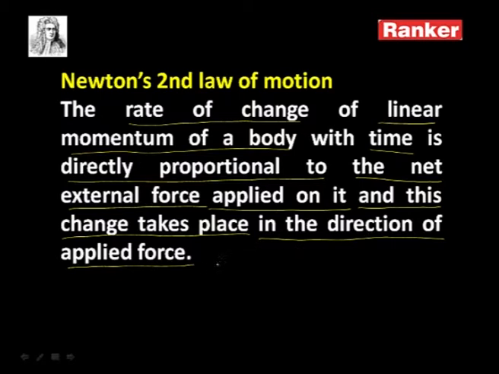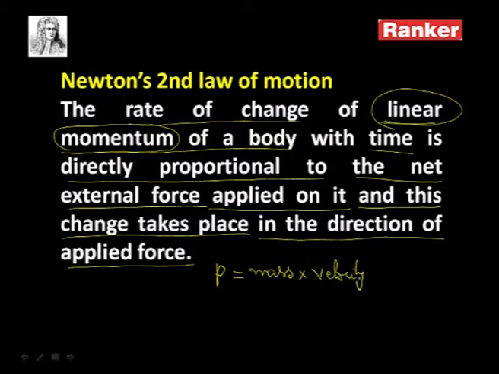Fine. First and foremost, what do you mean by linear momentum? That is the first point one should understand here. Linear momentum, we represent by the letter P. That is nothing other than the mass of the body times its velocity.